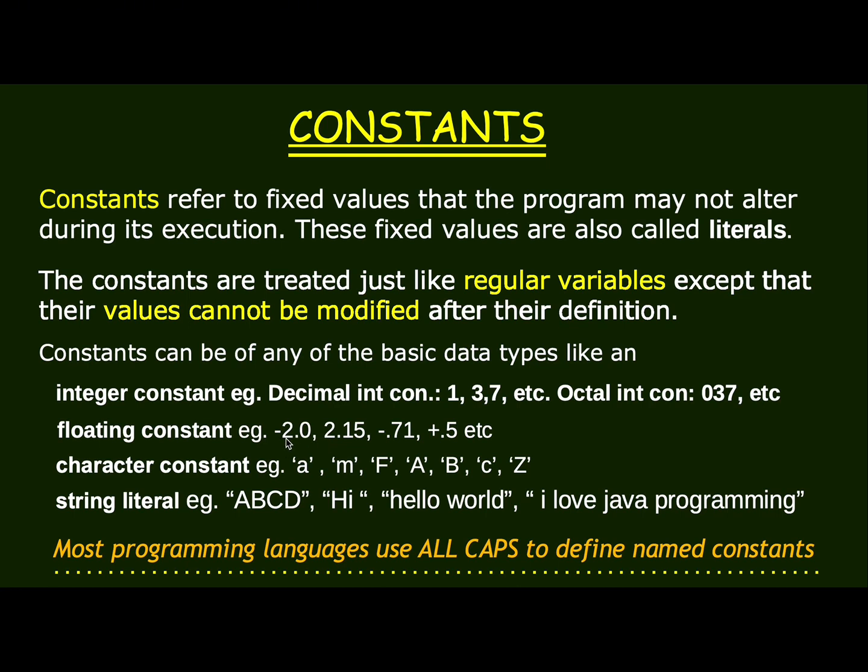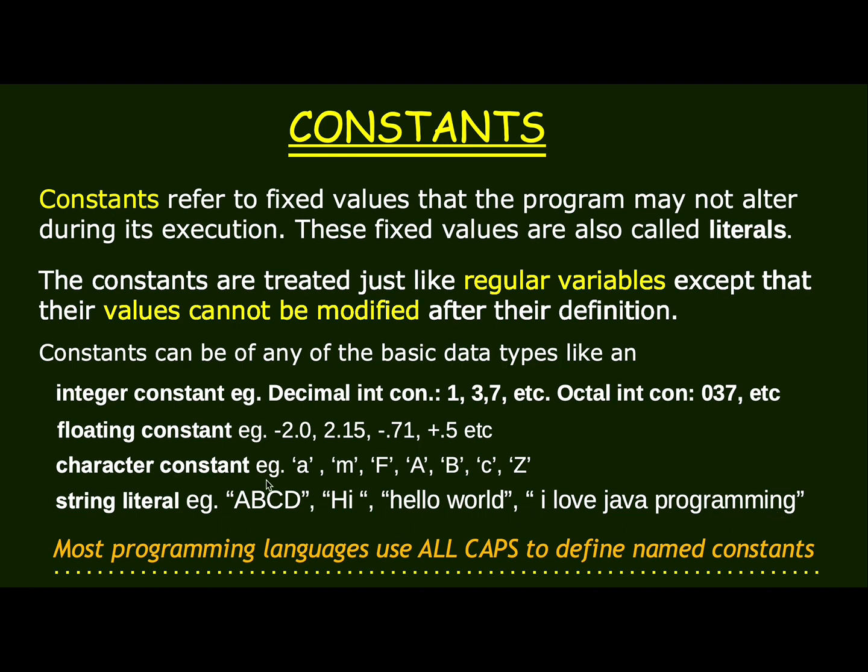Then we can also get some constants in a character form. So in the character form we can have A, M, F, A in caps. They are also there. Then some constants also come in a string literal form, which is A, B, C, D, hi, hello world, I love Java program.